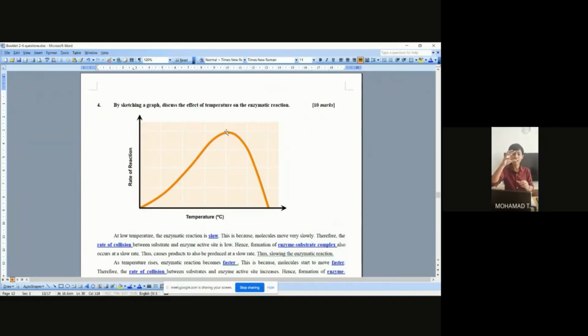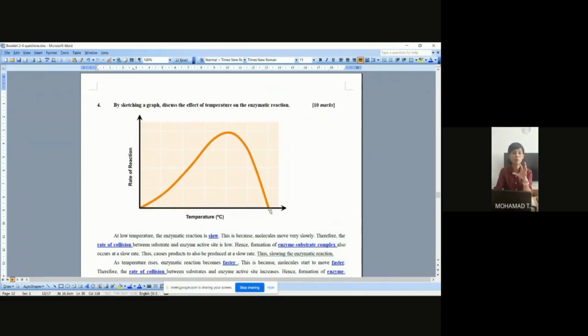Okay, and then eventually disebabkan oleh temperature dah jadi terlampau tinggi, dia punya bonds yang memegang di dalam dia punya shape akan breakdown, so enzyme akan denature, so jadi tak dapat lagi nak melakukan reaction. Okay, sebab enzyme dah denature, so dia punya rate of reaction akan terus jatuh merudum. Okay, so graph dia akan jatuh merudum kat sini.